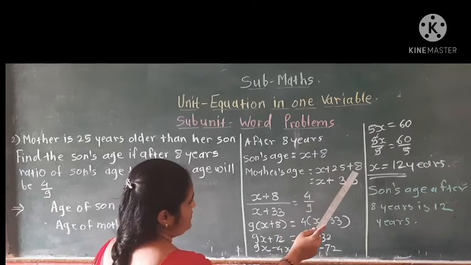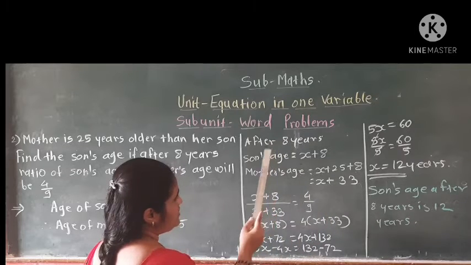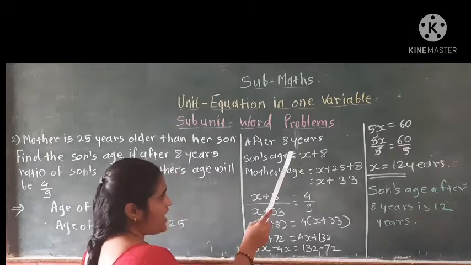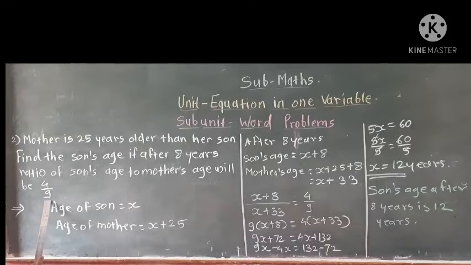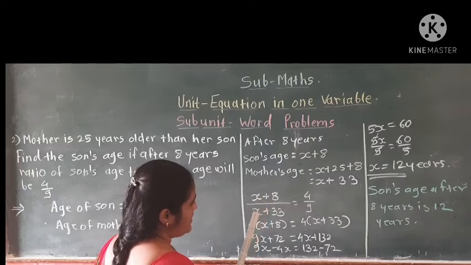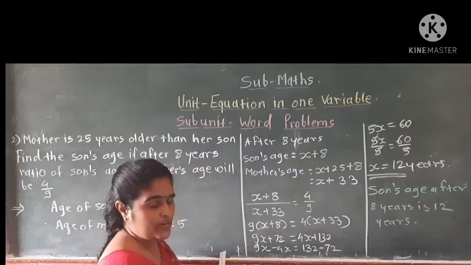Then the addition of 25 plus 8 is 33. So after 8 years, mother will be x plus 33. Then after 8 years, the ratio of son's and mother's age is 4:9. So therefore the equation is x plus 8 divided by x plus 33 is equal to 4:9.